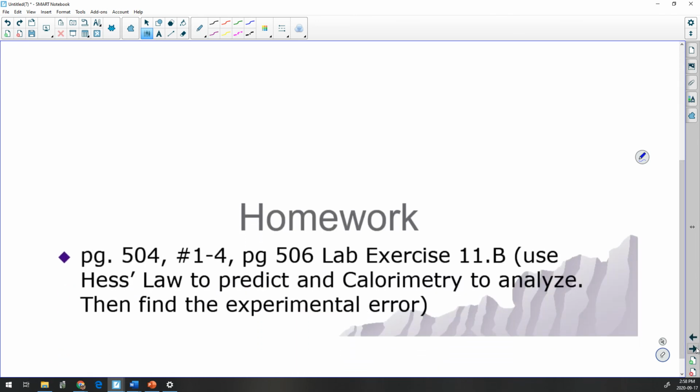There it is. So in your textbook, 1 to 4 on page 504, lab exercise 11B. So what you're going to have with 11B is you're going to do a prediction using Hess's law, flip, etc. And you're going to do a calorimetry part to actually determine the experimental.